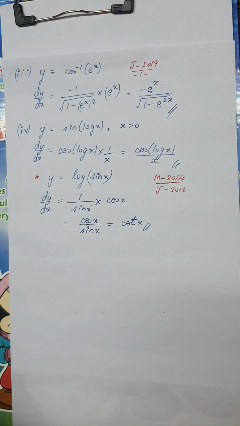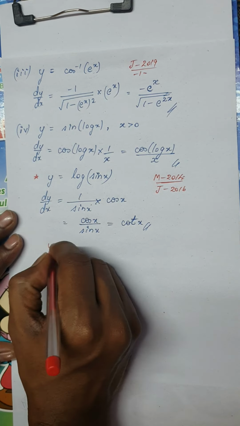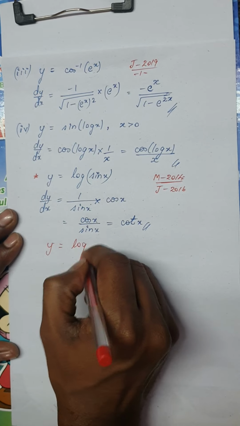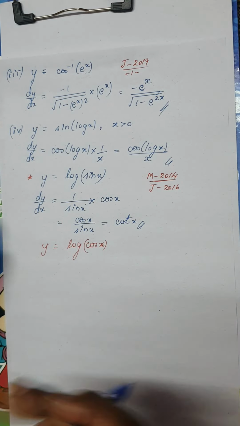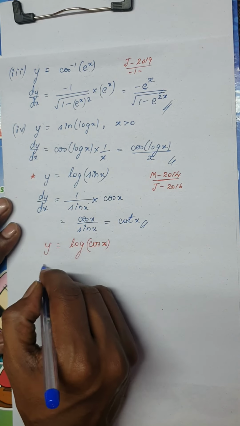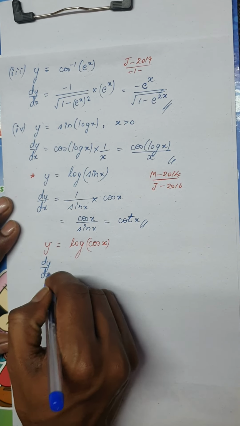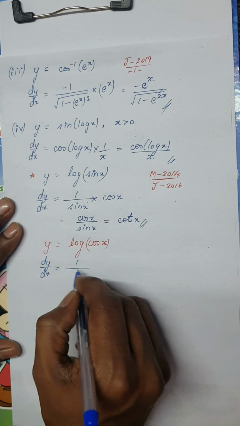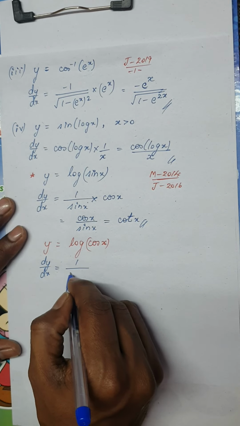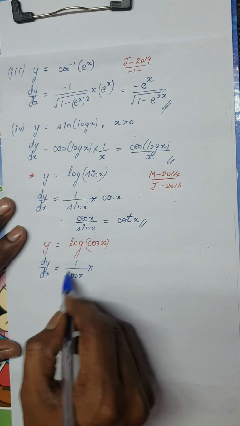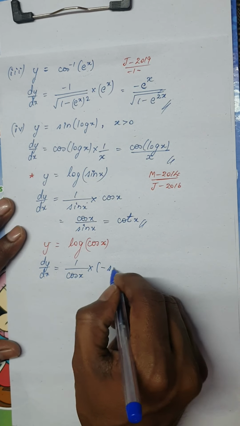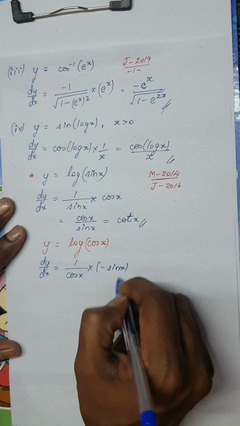In case he asks you the derivative of log of cos x this year, to confuse you, you need not get confused. dy by dx is nothing but, remember, the derivative of log is 1 by f of x as it is, into the derivative of f of x. We know the derivative of cos is minus sine.